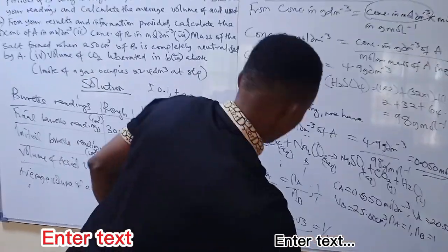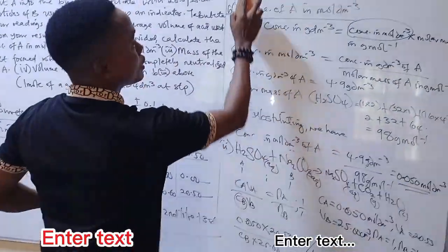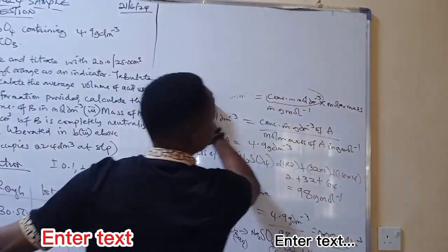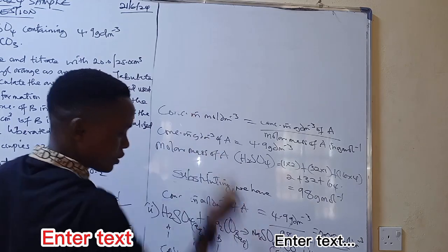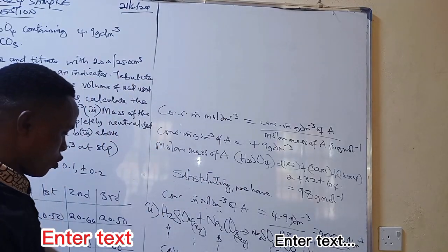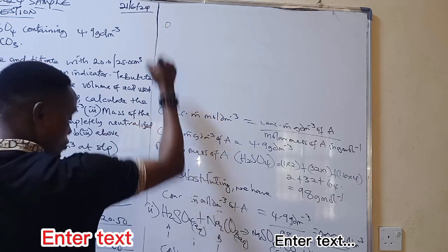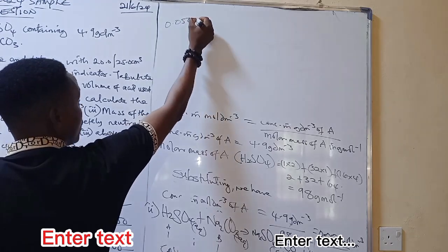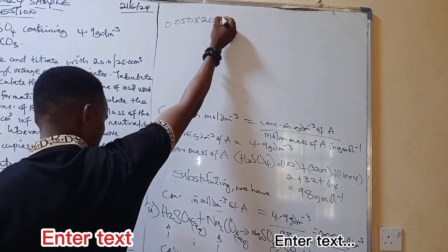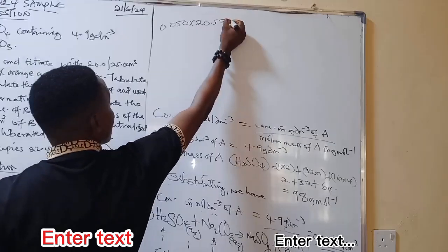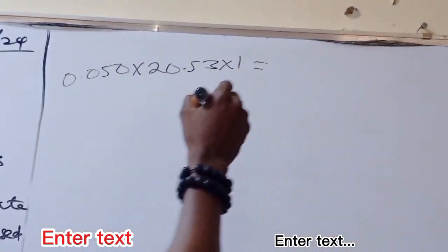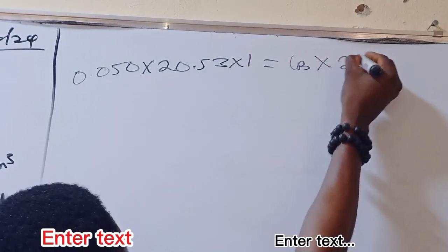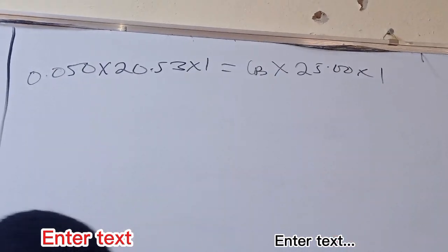So by cross multiplication, we have 0.050 times 20.53 times 1 equals CB times 25.00 times 1.